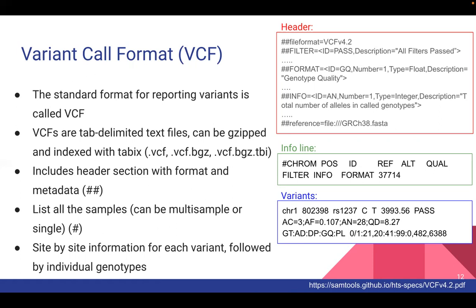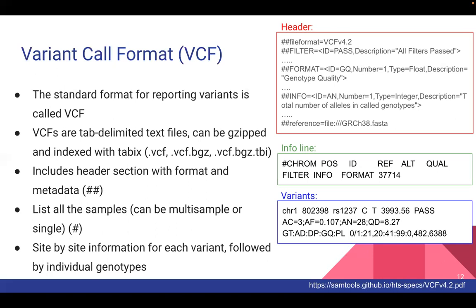The genotype call is heterozygous, with 0 representing the reference call and 1 representing the alternate call of a T. AD in the second field stands for allele depth. So 21 and 20 represent the 21 reads with the first, in this case reference, allele, and 20 reads representing the second, the alternate allele.